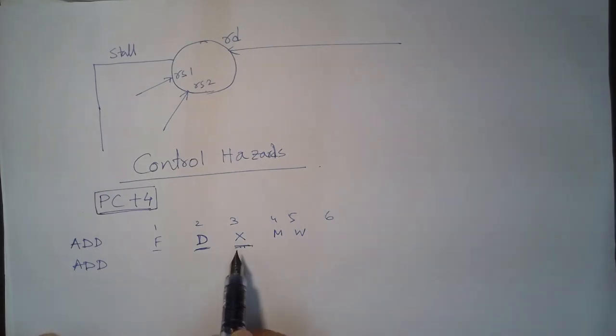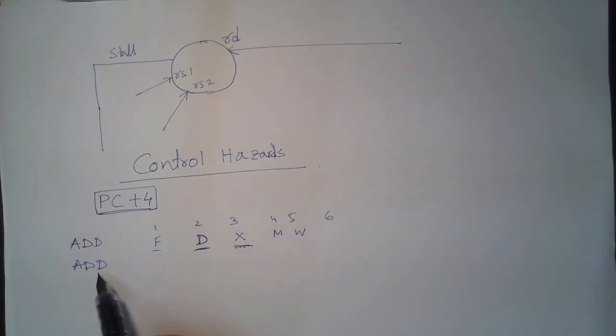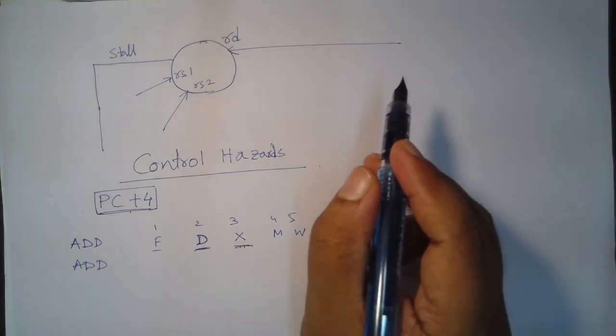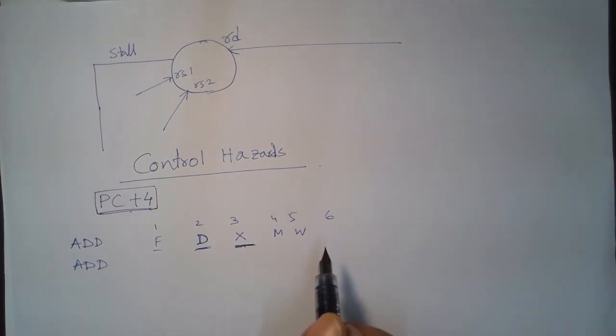Now if you do not want to do things speculatively, then your next instruction, whether it is PC plus 4 or some branch target, will be clear only in the execution stage, right?